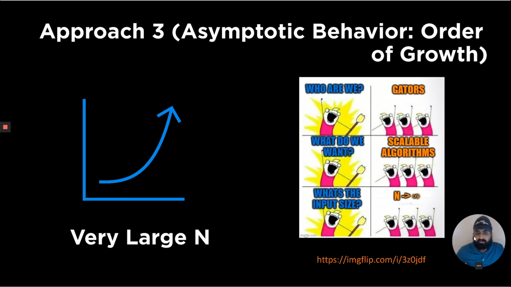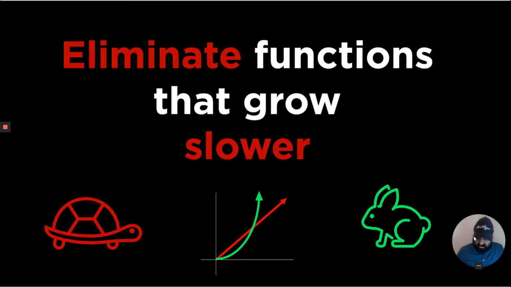So this brings us to the third approach, which is asymptotic behavior, the order of growth. And again, what is order of growth? We are basically eliminating all the functions that are growing slower. Let's say this was a linear function, which is n, and this was a polynomial like n cubed. We know that n cubed is growing very fast and n is growing very slow, and there's no possibility that n cubed can be overtaken by n in the future, because n cubed is growing much faster.